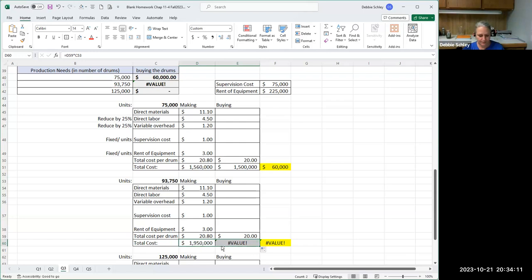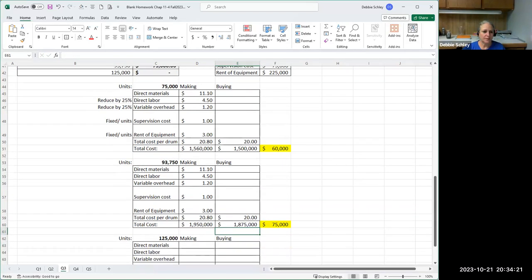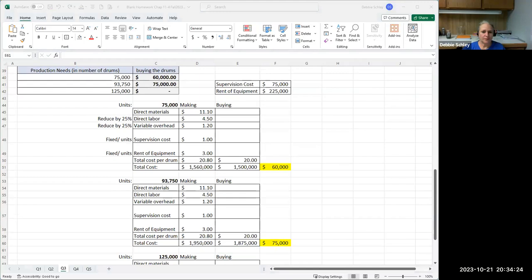Oops, it didn't like that. Equals this times this. It's because I forgot to anchor the cell. That didn't work out right. Oh, I see why.